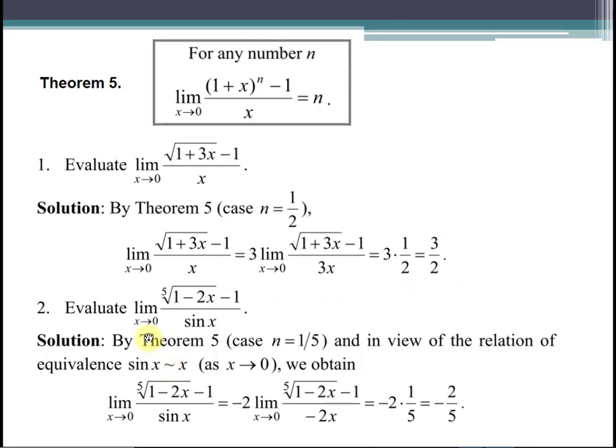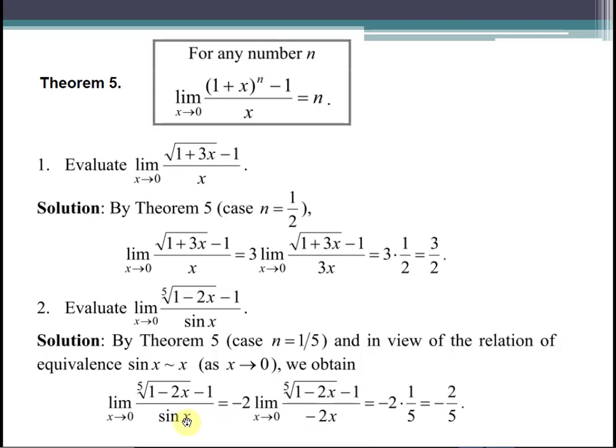Number 2, evaluate the next limit. Again by theorem number 5. Here we have the case n is 1 over 5, and sine x is equivalent with x as x tends to 0. And we obtain the next one. Here we have minus 1, but in this case it is minus 2x, not plus x. That's why we need to divide by minus 2x and multiply by minus 2x.